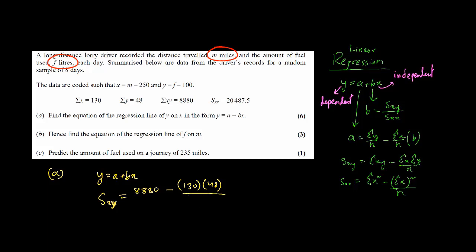Now I need to know how many days are we talking about. Summarized below is the data from the driver's records for a random sample of 8 days. So we are talking about 8 data.